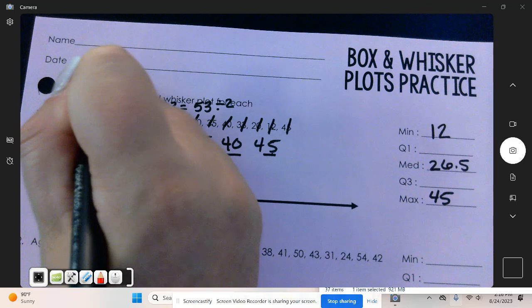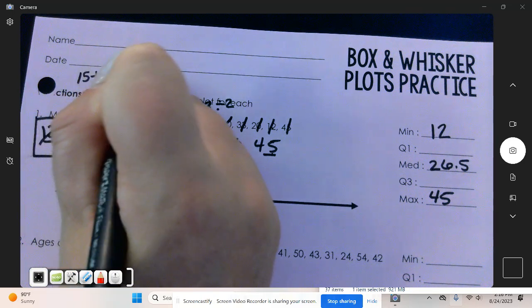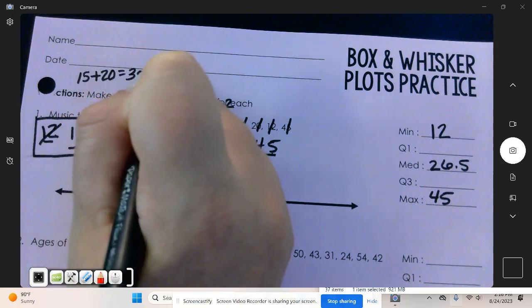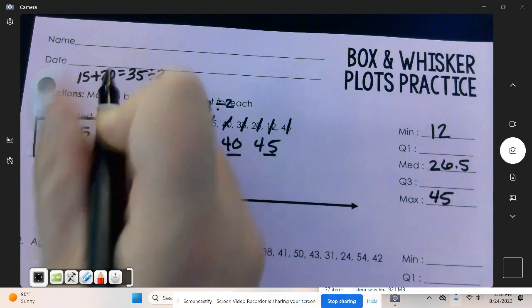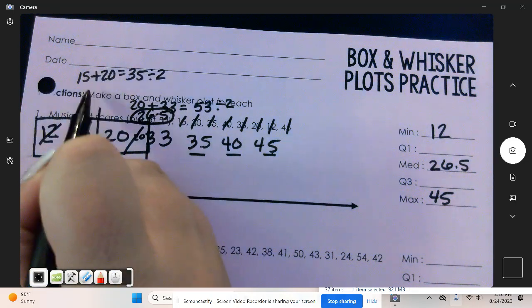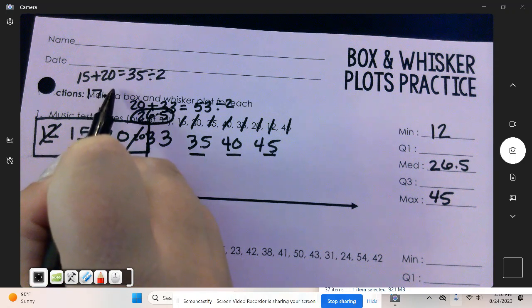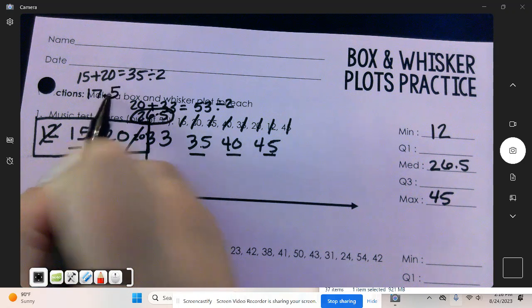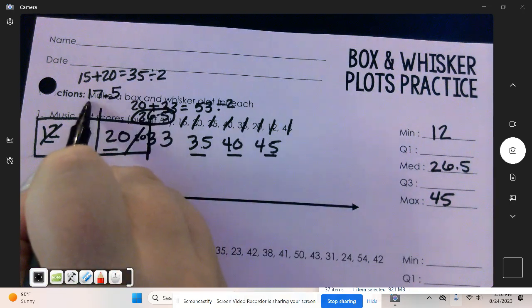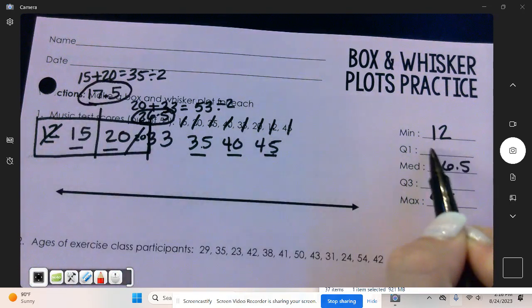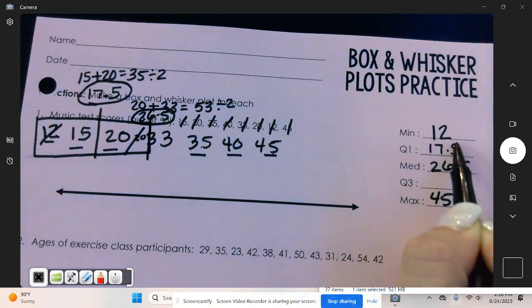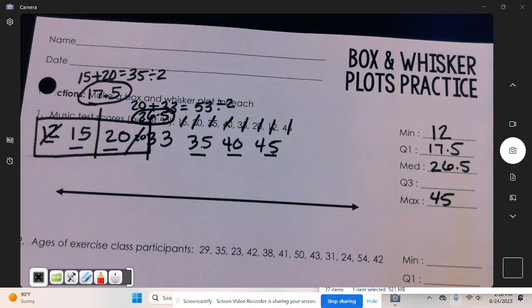So 15 plus 20, 35, divided by 2. 17 and a half, right? Okay, so 17 and a half is my Q1. Does everybody understand how I got that?